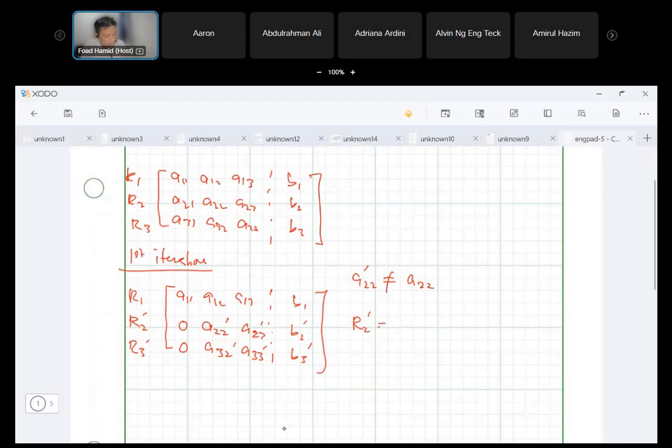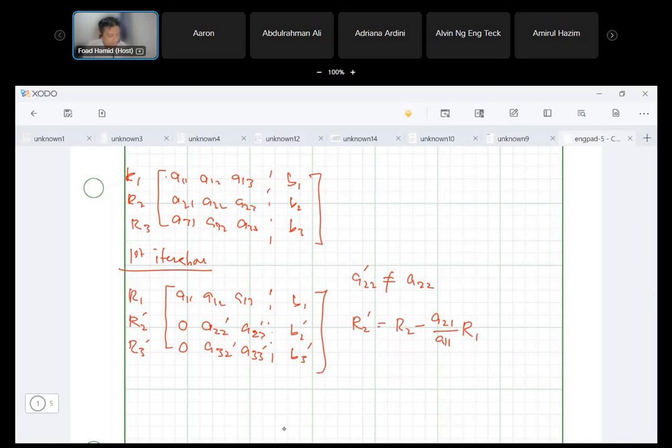And of course, for this, what we need to do is that R2 prime is just R2, which is the original second row, minus A21 over A11, which is this divided by this. This is what we call the factor, times R1.